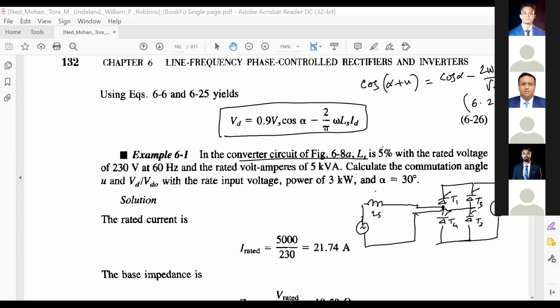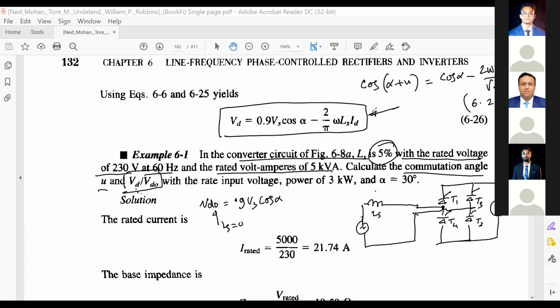For this one, Ls is given as 5% with the rated voltage 230 V, 60 Hz and rated volt-ampere of 5 kVA. So the per unit value has been given. With that, we have to find the numerical value in millihenry. They mentioned that you have to find the commutation angle u and also Vt0. VT0 is 0.9 Vs cosine of alpha, because Vt0 means Ls equal to 0.